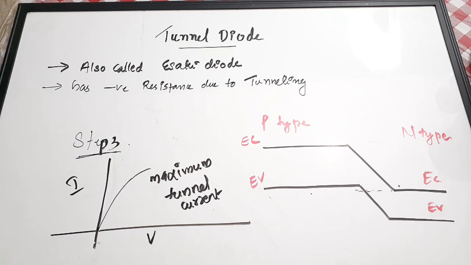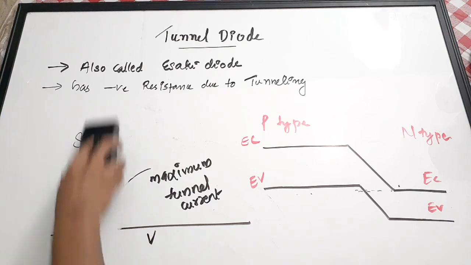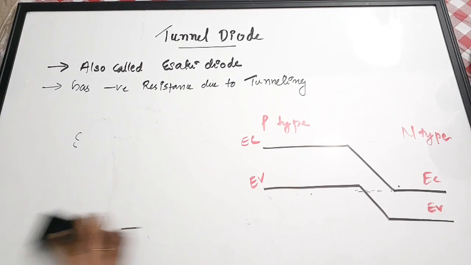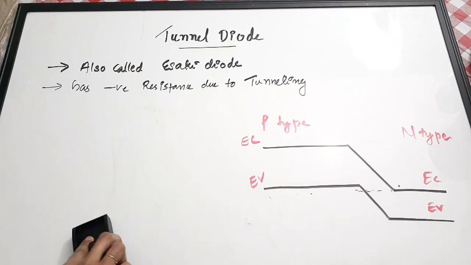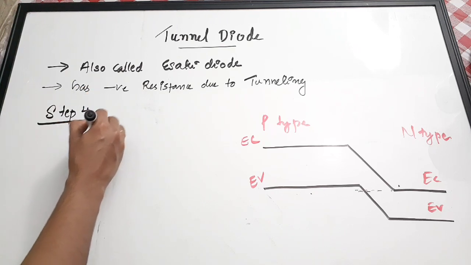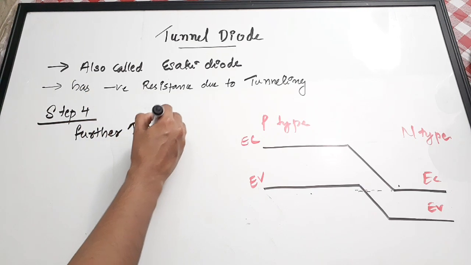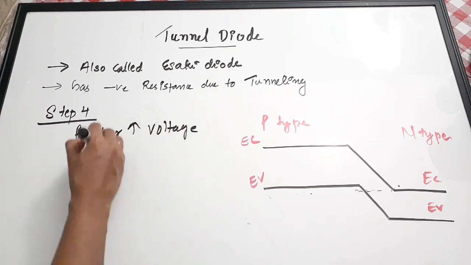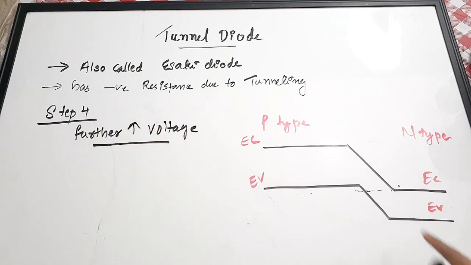In step 4, we are going to further increase the voltage. Now I'm going to remove this step 3. Step 4, further increase in voltage. Okay, so what happens? Our aim is to align this conduction band and the valence band, only then the current is going to increase.